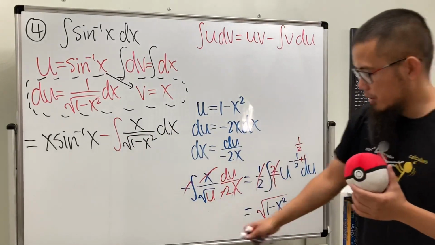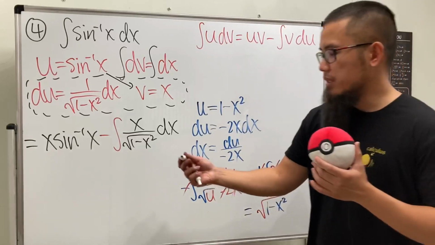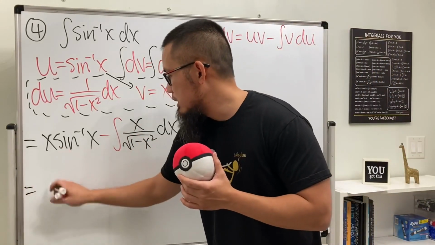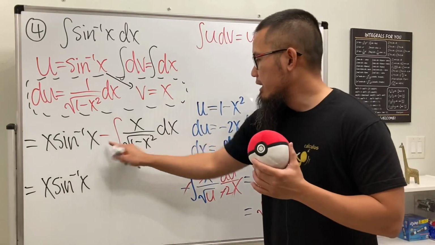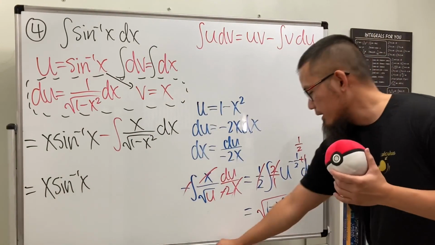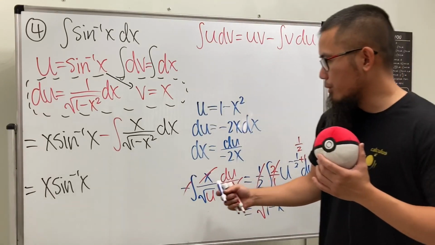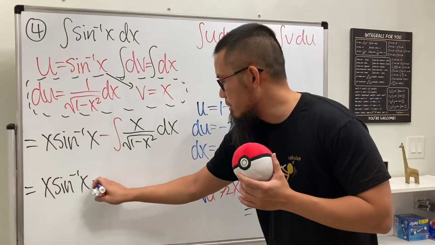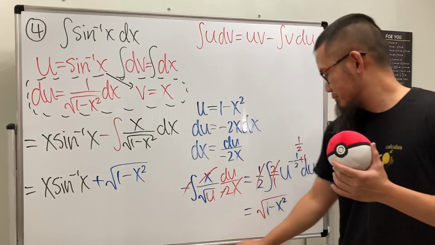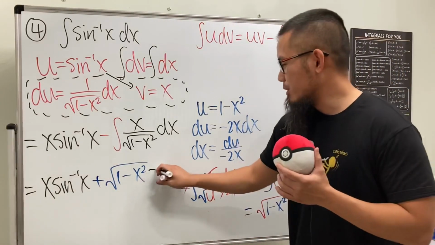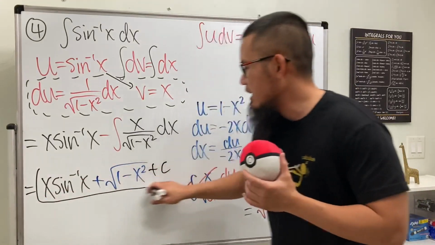And that's pretty much it. So finally, I will just write this down for you guys. This is x times inverse sine x. Negative, that integral is just all that, and that's actually a positive, so I'm going to be writing like this, plus the square root of 1 minus x squared, just like that, and then we are done. So put on the plus c. That is it.